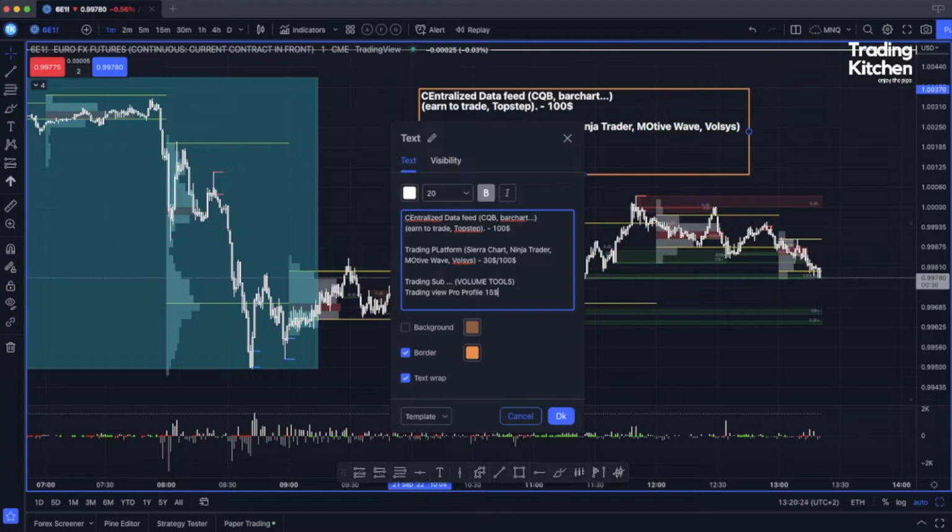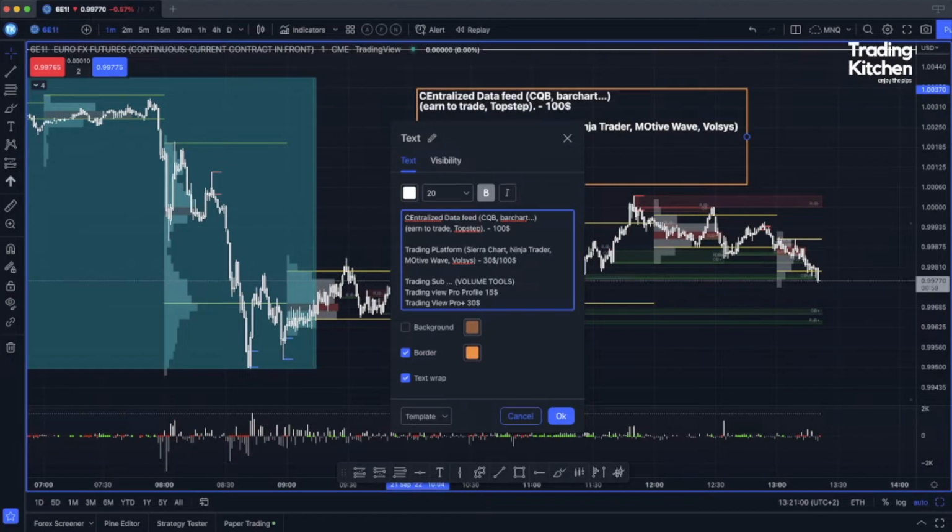If you want to just improve your trading platform a little bit from a visual point of view, because you can have 4 charts in the same screen, the same window, you can use the premium TradingView Pro Plus, and the cost is $30, more or less.